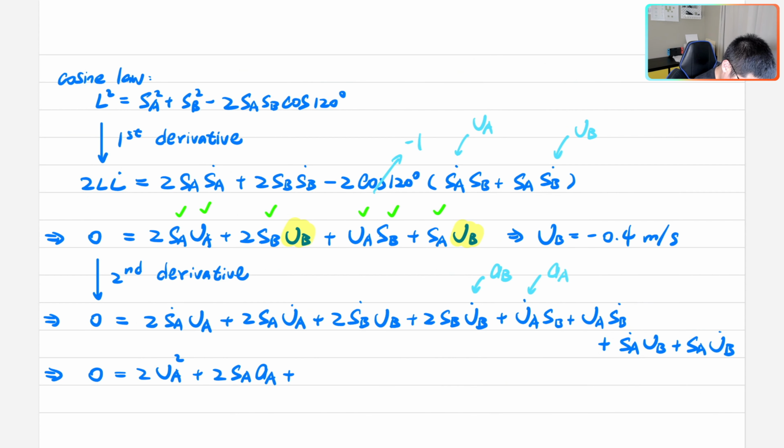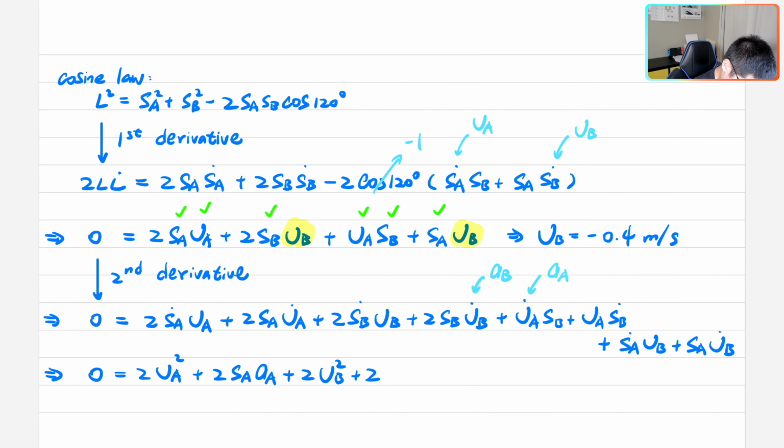Give it a try by yourself. 2VB squared plus 2SB AB plus AA SB plus VA VB plus VA VB plus SA AB.